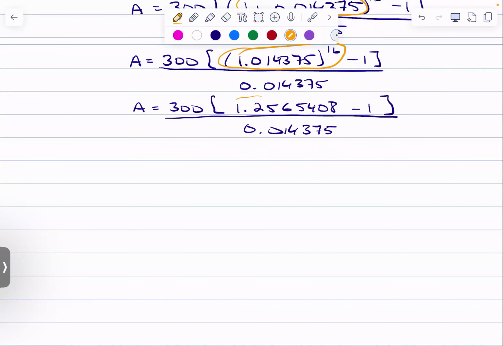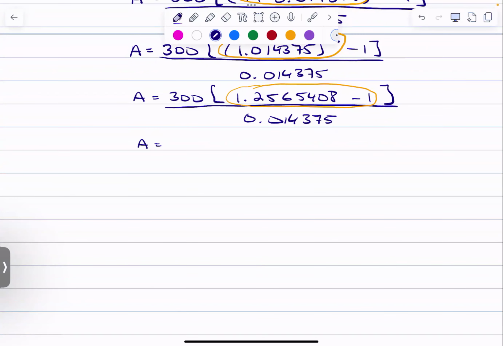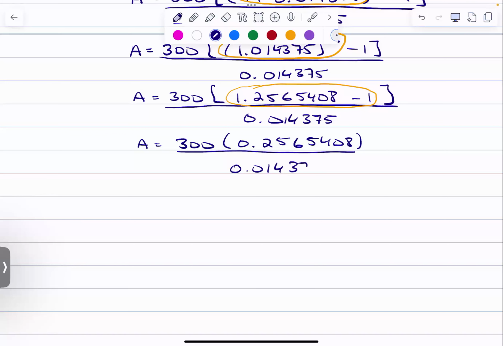Next, minus 1. .256548 divided by 0.014375.